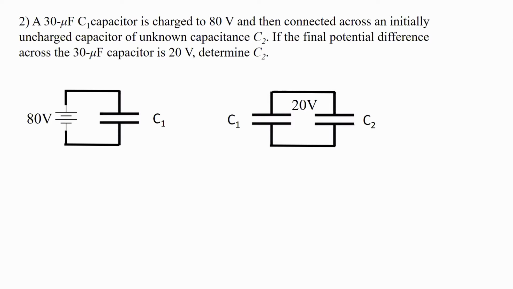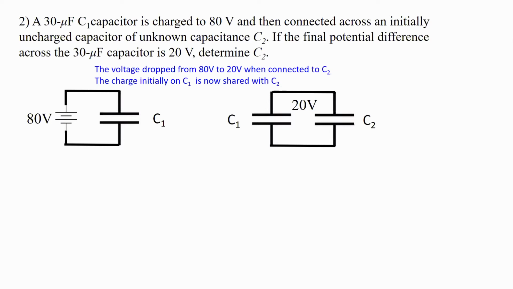Okay, well, the voltage drops from 80 to 20 volts when connected to C2. The charge initially on C1 is now shared with C2. So there's obviously less charge on C1.